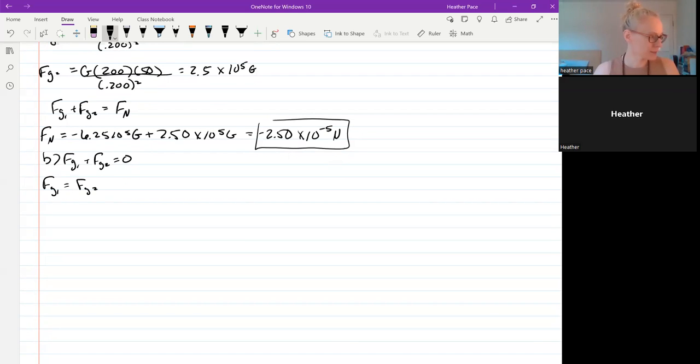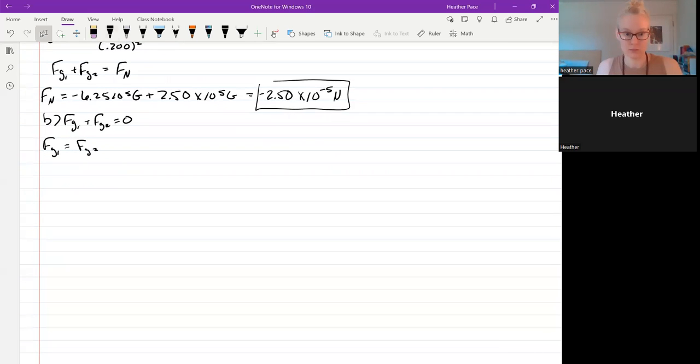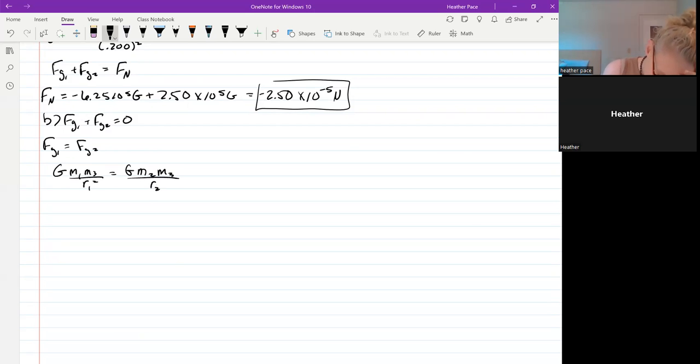All right, so again, we have the G times big M times little m over R squared. We're going to have that for both side 1 and side 2. So we'll do G, we'll label these as M1, M2, R squared equals G. That's not M2, that's M3, sorry. M2, M3, R2.